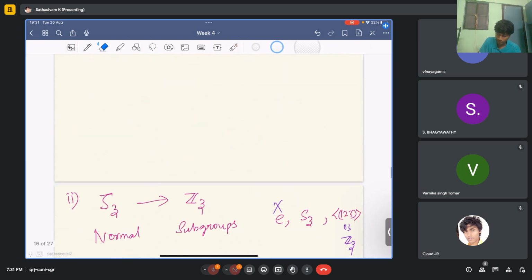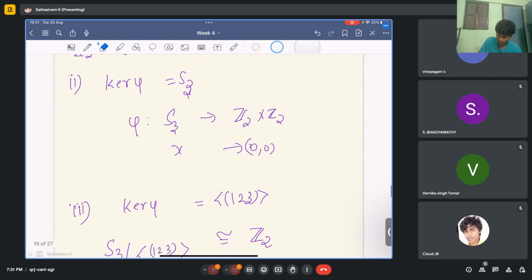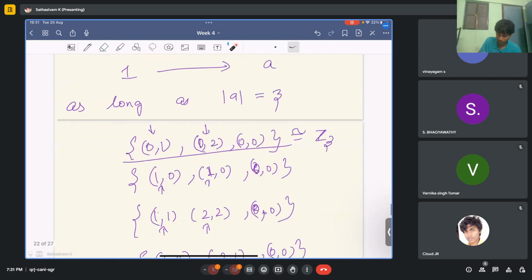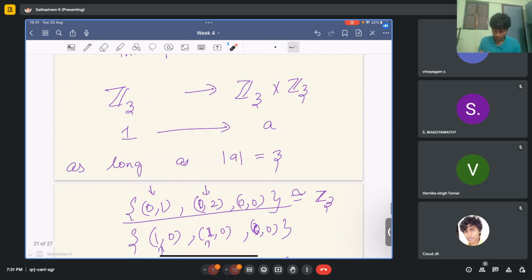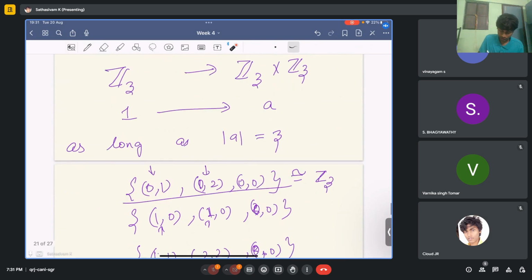In the last problem, I'm sorry for moving between the pages, but I just want to finish the algorithm. If you look here, this Z3 is contained in here, but there are many ways you can define an isomorphism.